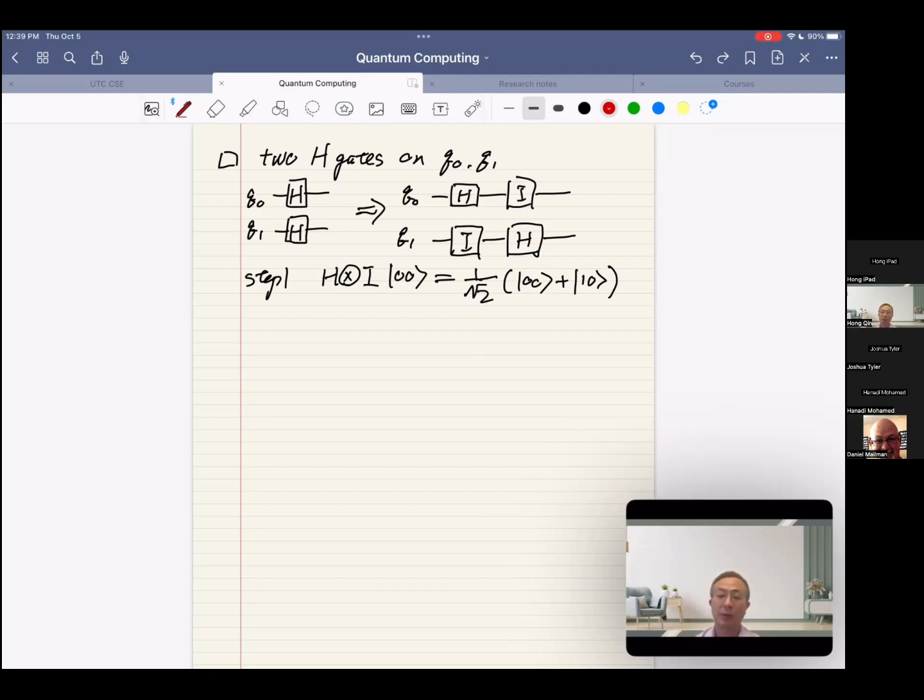And then step, oops, that's a red. Step 2, we do the identity with the Hadamard gate on the previous result.